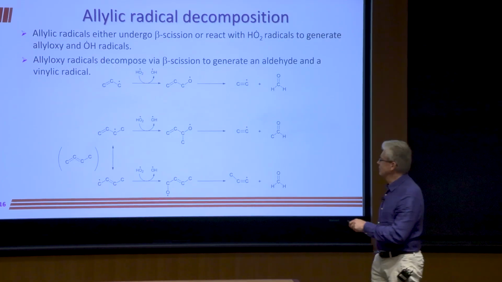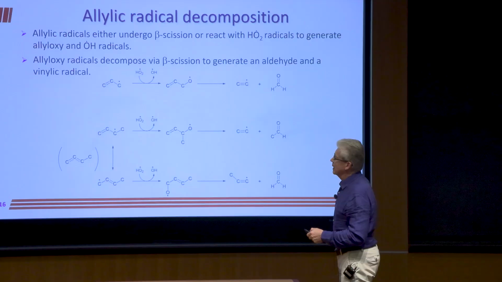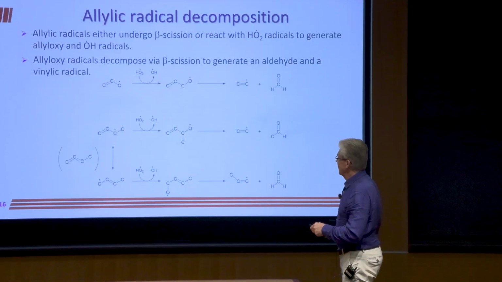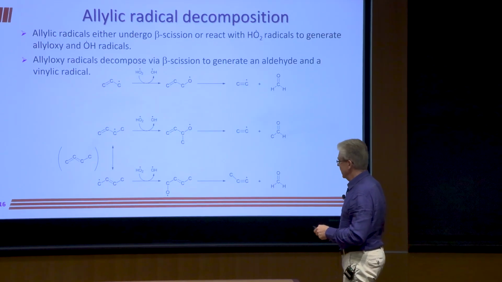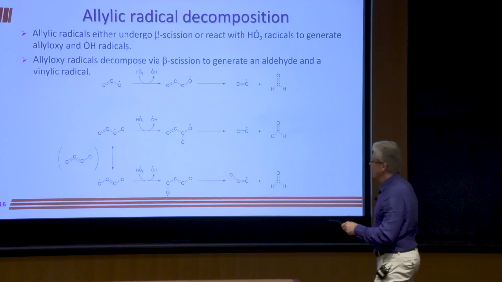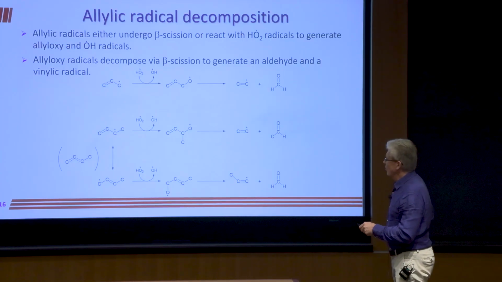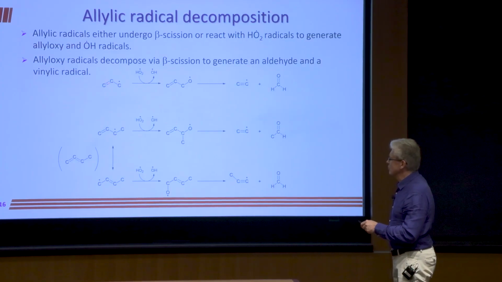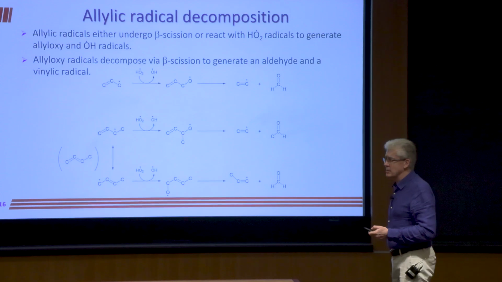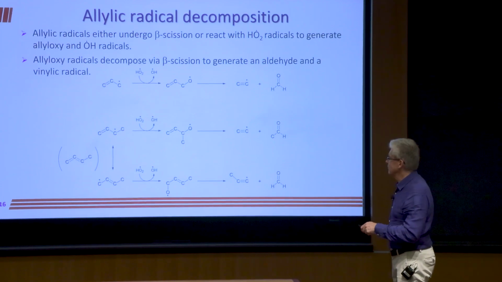And in our mechanism, and this was studied, I can't remember exactly, maybe it was Judith Zador, I'm not quite sure. But anyway, we have in our mechanism rate constants where allyl plus HO2 was studied, okay?